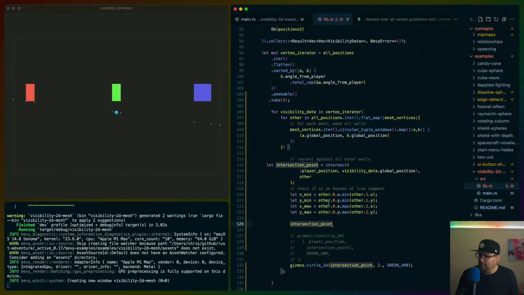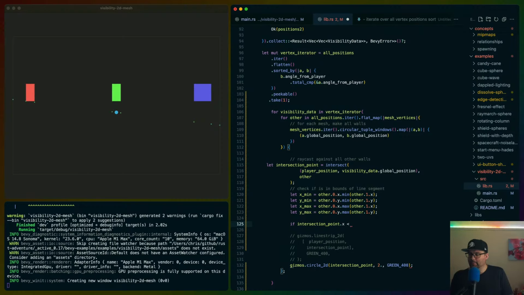So we have x min, x max, y max, and the intersection point has to be inside of these. So both of them have to be lower than both of the x mins, and both of them have to be lower than both of the y mins.